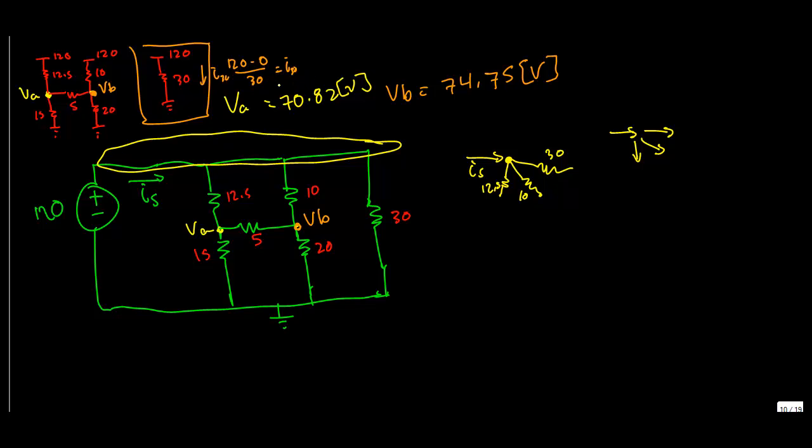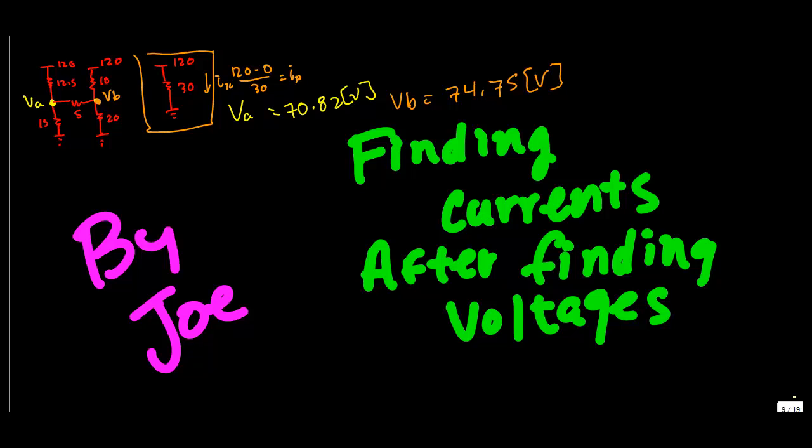We already mentioned earlier that the current through the 30 ohm resistor was easy to find because it has a potential difference that we don't need to know what VB or VA is in order to find that. So this current I30 is going to be equal to 120 over 30, which is equal to 4 amps.